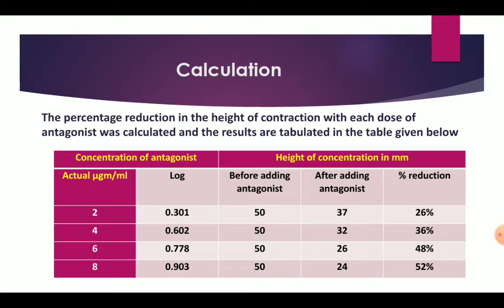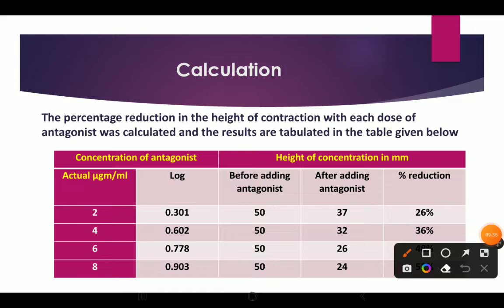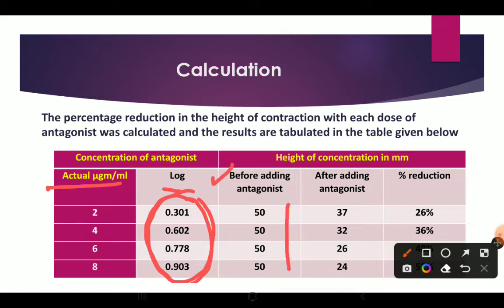Okay, next the calculation. So you have to remember a few points from here. That means actual, that is dose, then the log dose. Of course you will get these measurements by using your scientific calculator. Then before adding antagonist, these are all 50, so this is a no-brainer.